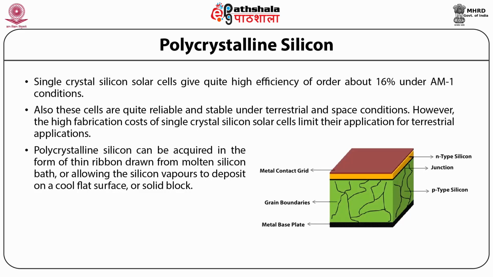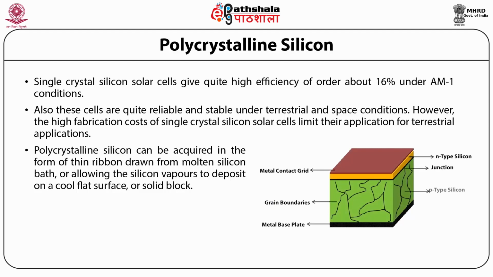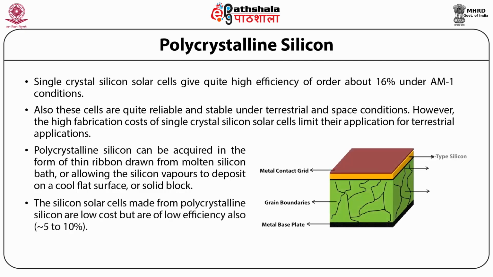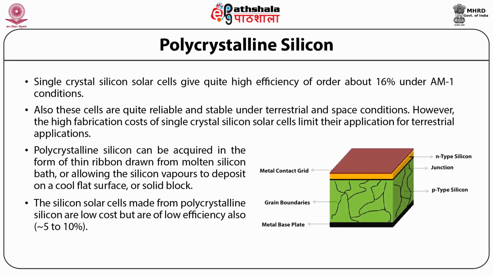If the molten silicon is cooled very slowly, then crystallites of larger size are obtained. The polycrystalline silicon is in the form of granules, and the size of crystallites mainly depends on the cooling conditions. The silicon solar cells made from polycrystalline silicon are low cost but are of low efficiency, around 5 to 10%.